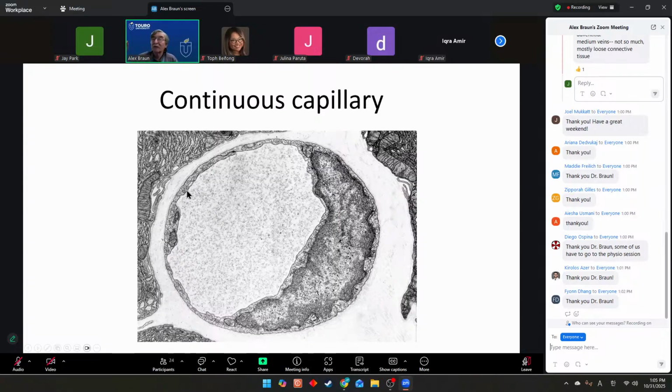Even when a capillary is continuous, there still needs to be transport, and much of the transport occurs not so much between the endothelial cell processes, but within the cytoplasm, from one surface to the other surface, between the lumen and the interstitium. Much of this is in the form of transcytosis, movement of materials from the lumen to the opposite side of the cell. That process is called transcytosis, and much of that may occur by movement of these vesicles from one side of the cell to the other side of the cell.